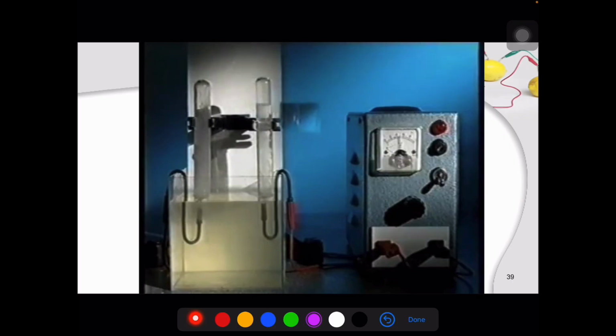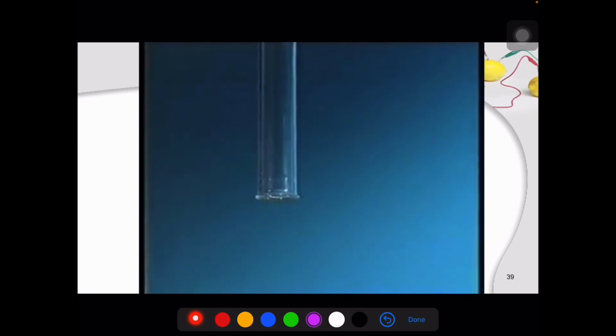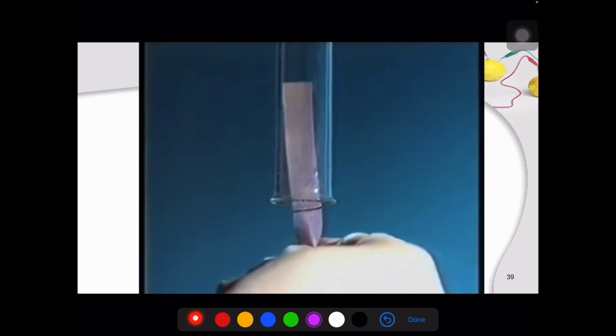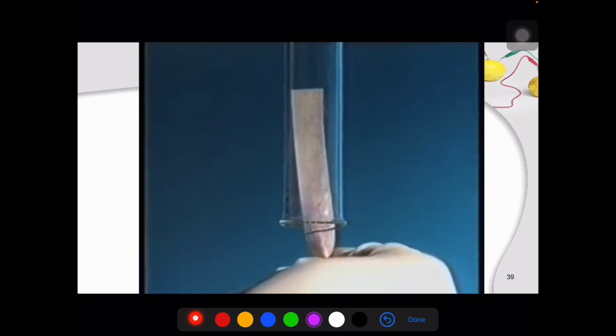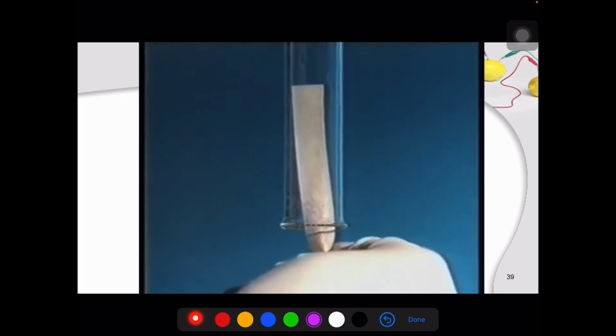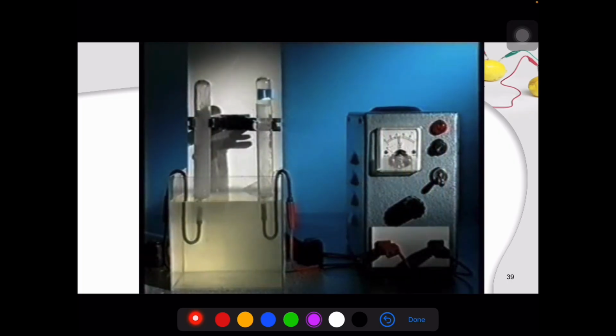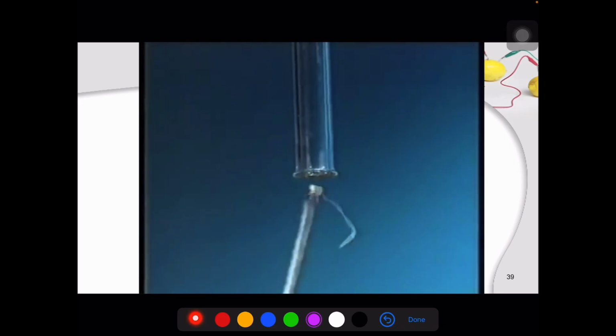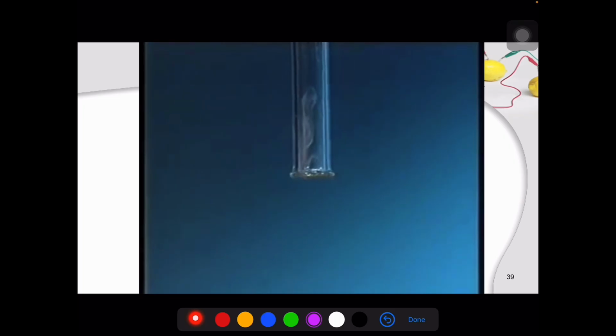The gas collecting at the positive electrode is tested with damp blue litmus paper. It goes red and quickly bleaches white. The gas is chlorine. The gas collecting at the negative is tested with a lit splint. It pops, a sure sign that this gas is hydrogen.